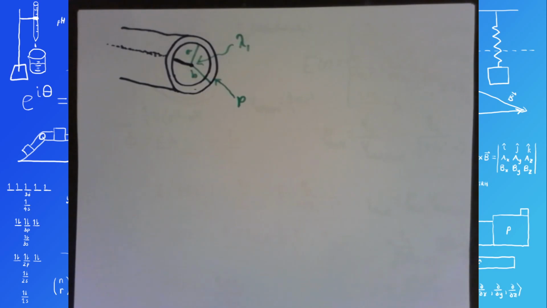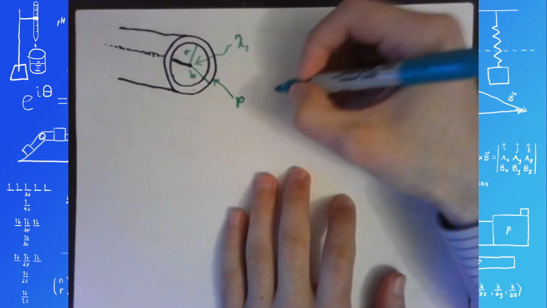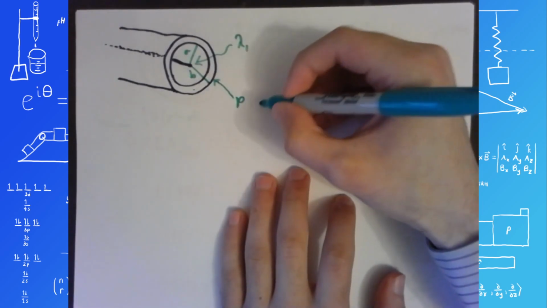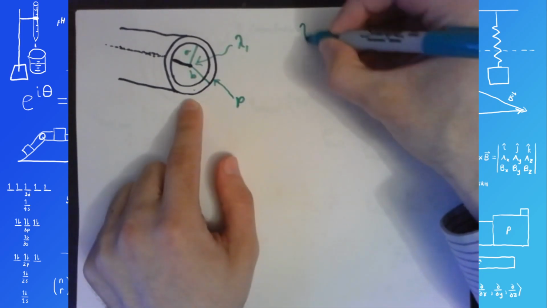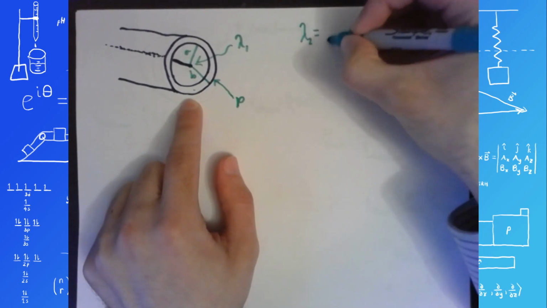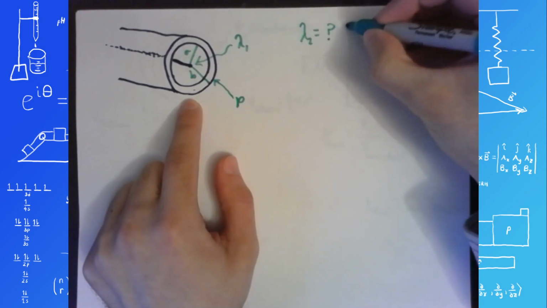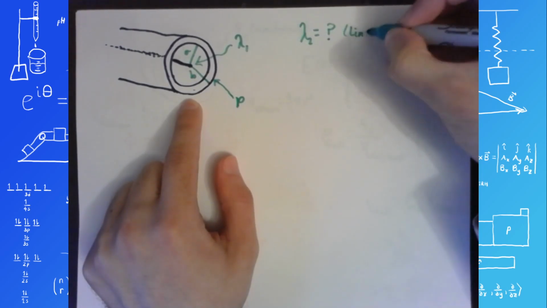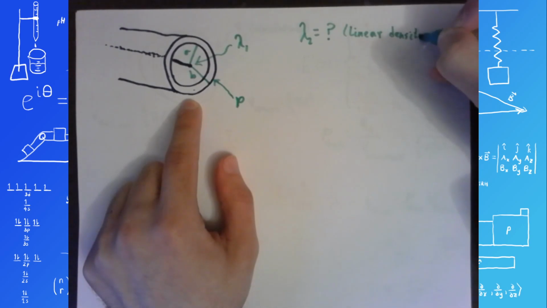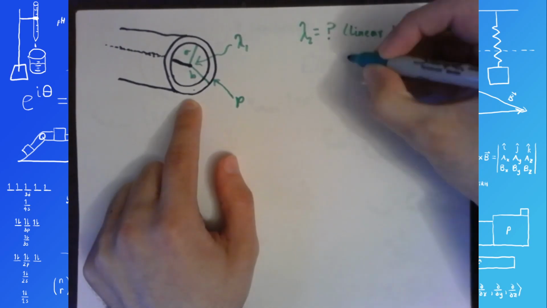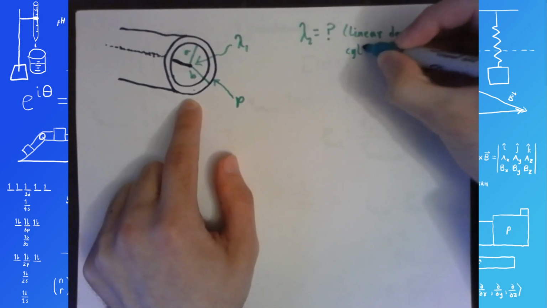And they want us to find what is lambda 2. What is lambda 2, the linear charge density of this cylindrical shell?